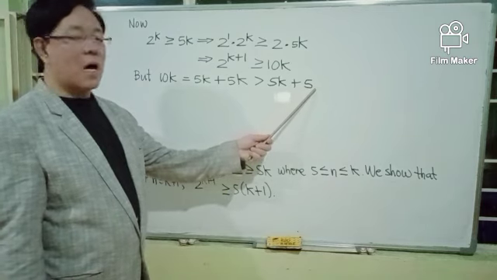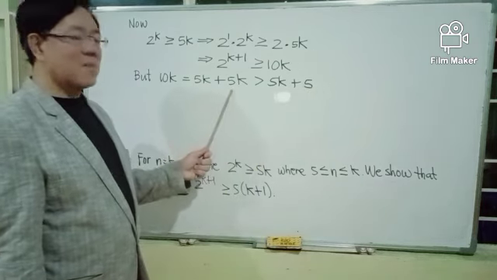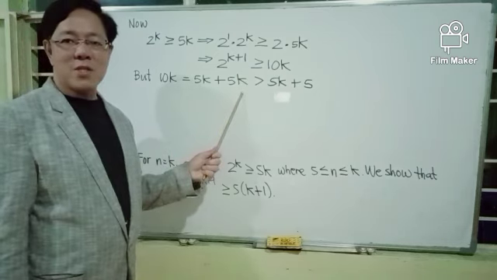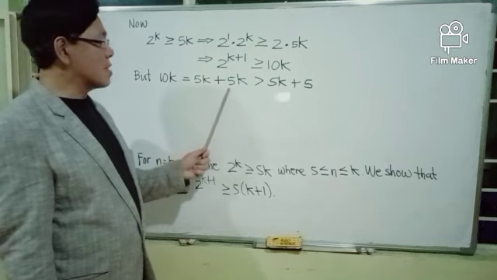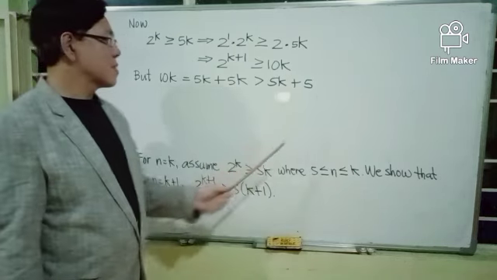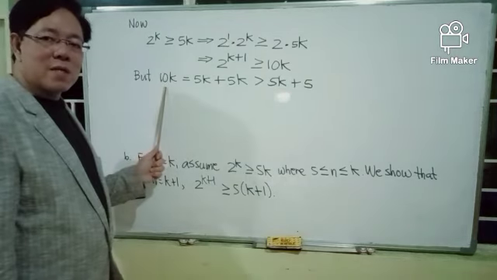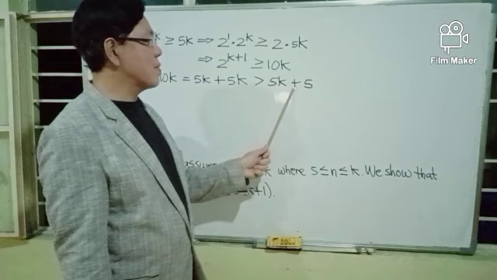Because in this sum, 5 is multiplied by an integer k. So definitely this sum 5k plus 5k is greater than 5k plus 5. Therefore, we have shown here that 10k is greater than 5k plus 5.